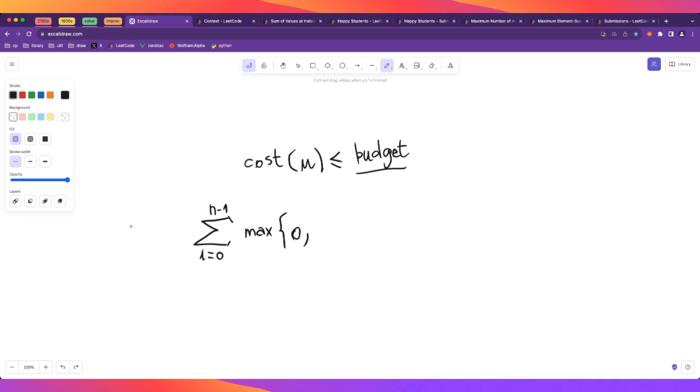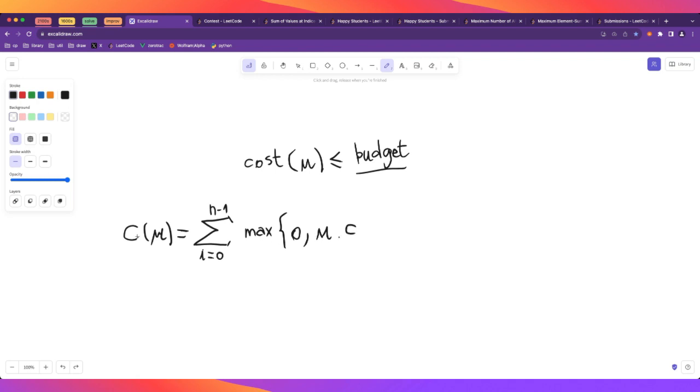This is the cost of U units, and we wanted to multiply U times the composition.